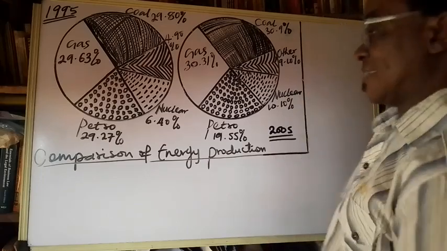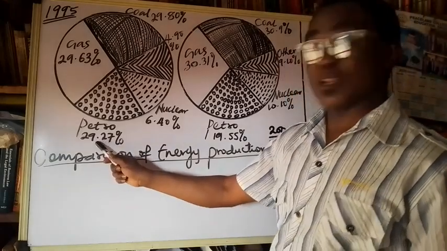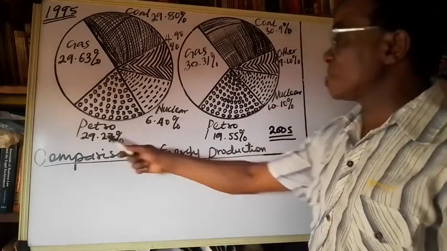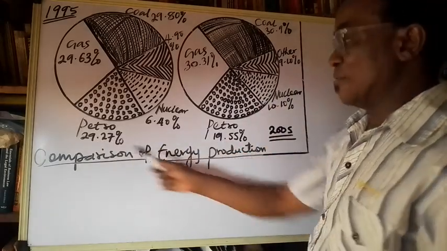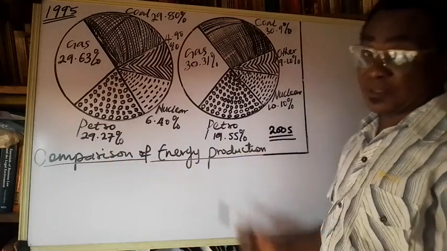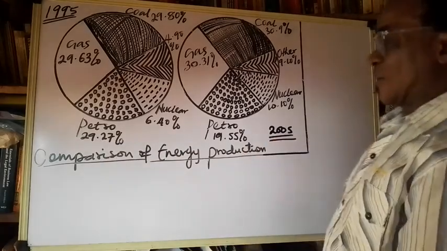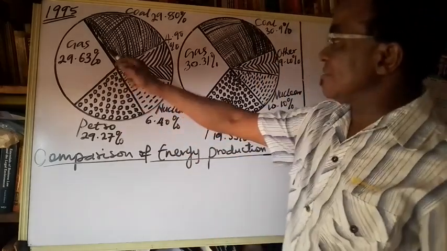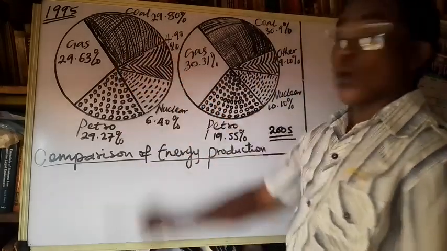However, we notice that petroleum production, rather than increase, has fallen drastically from 29.27% to 19.55%.